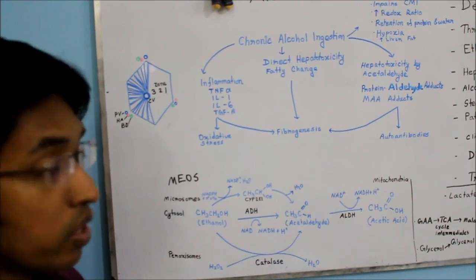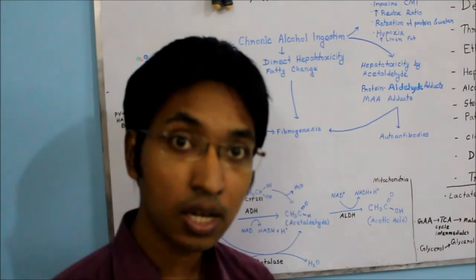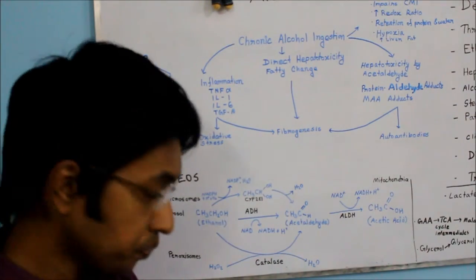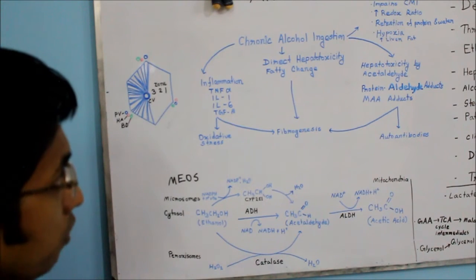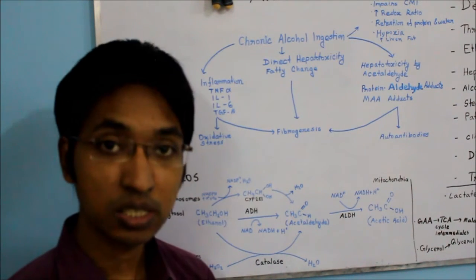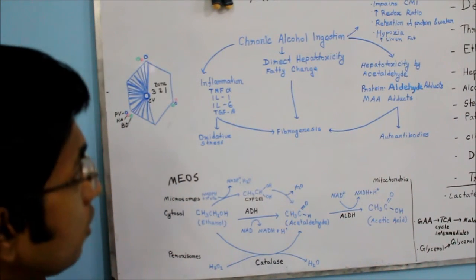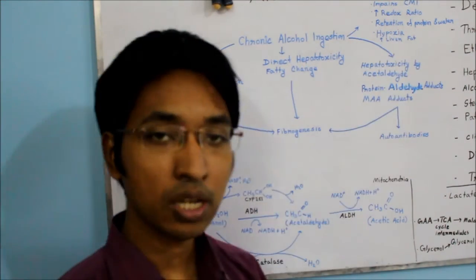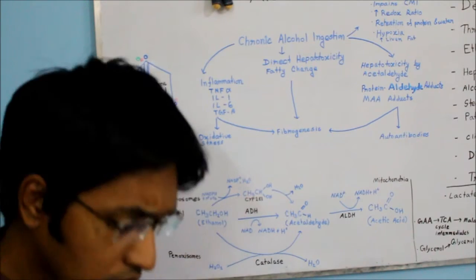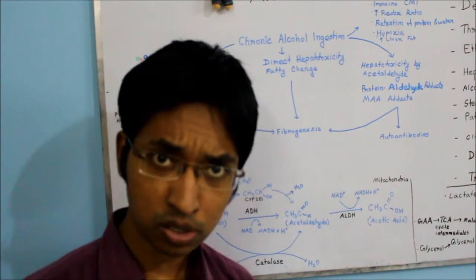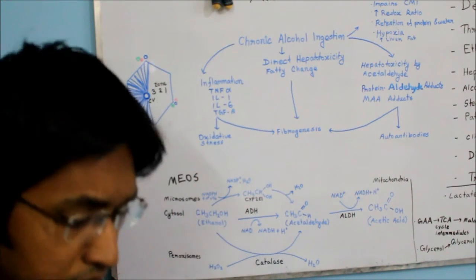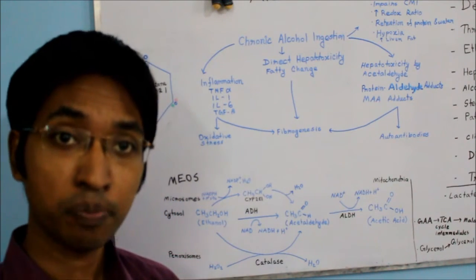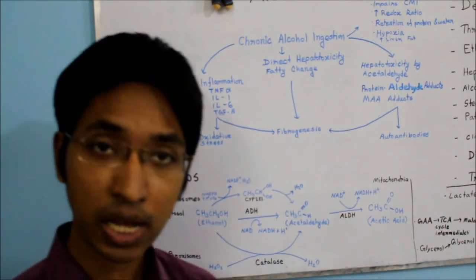The redox ratio will now get increased, and that will have some biochemical alteration, and ultimately that will also result in liver injury. Another mechanism was retention of protein and water. The thing is, chronic alcohol consumption can impair the secretion of various proteins from the hepatocyte.